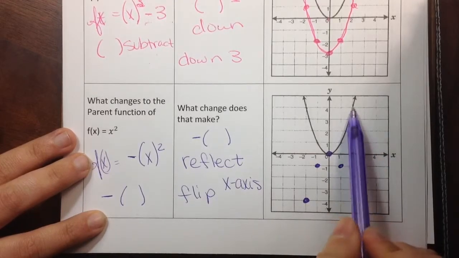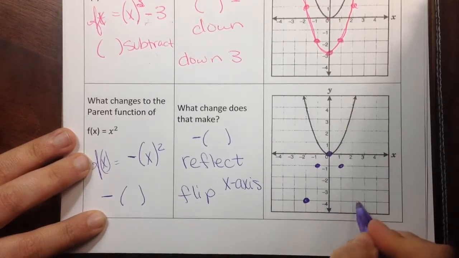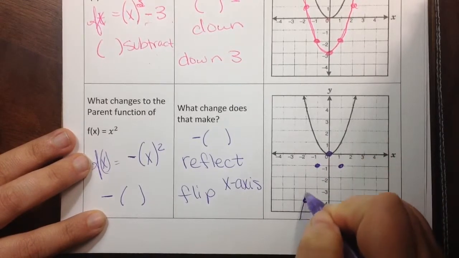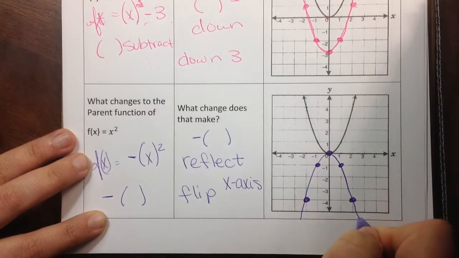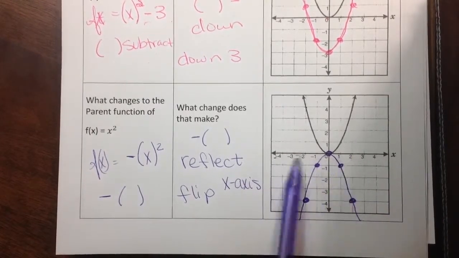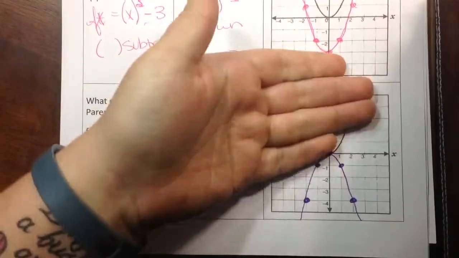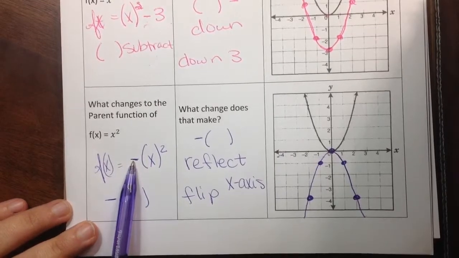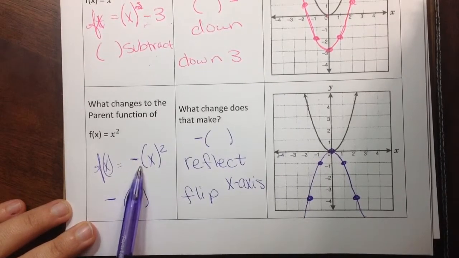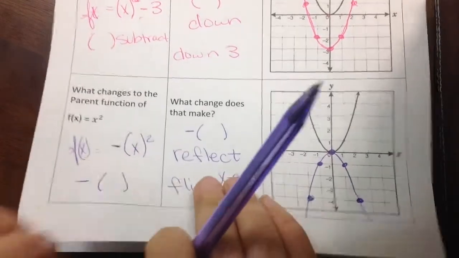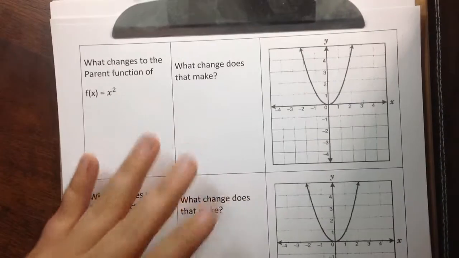Here I have a point at 2, 4. The opposite would be positive 2, negative 4. And then we would just draw our parabola. So we reflected it over the x-axis. A reflection's like a mirror, okay? So it's taking it and flipping it. So when you see a negative outside of the parentheses in the front, that's a reflection. So we're going to flip it. All right, let's do 2 more.